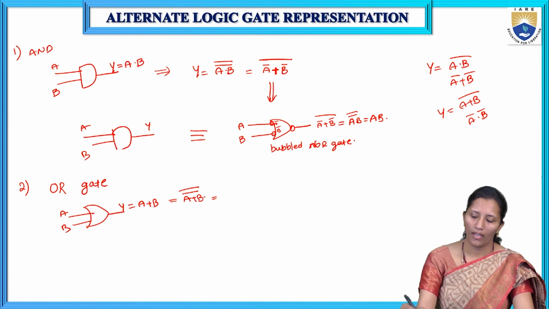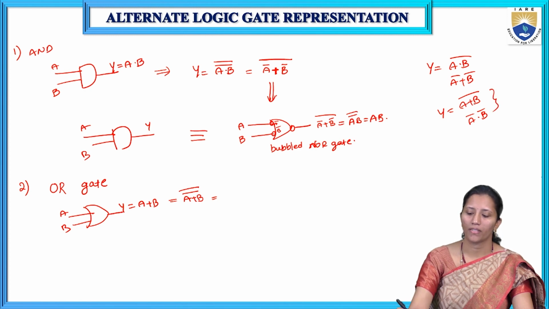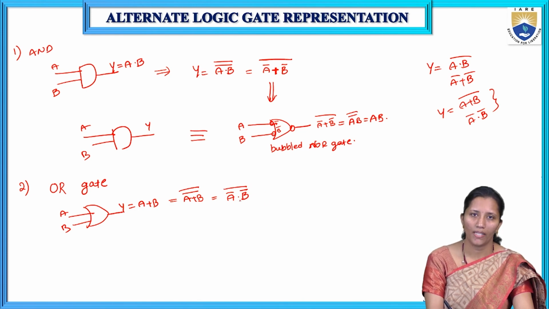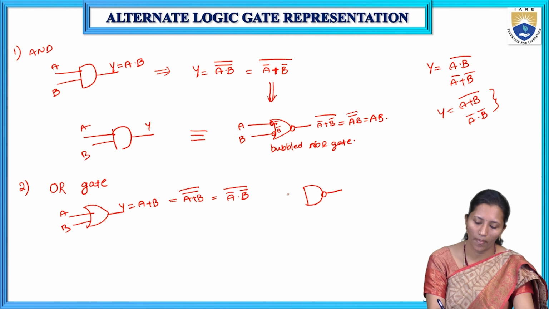So here we discussed Y is equal to (A plus B) whole bar. We can write that as A bar into B bar by using De Morgan's law. Applying De Morgan's law, (A bar dot B bar) whole bar. Here (AB) whole bar is nothing but the NAND gate. In the NAND gate, A bar we are giving.